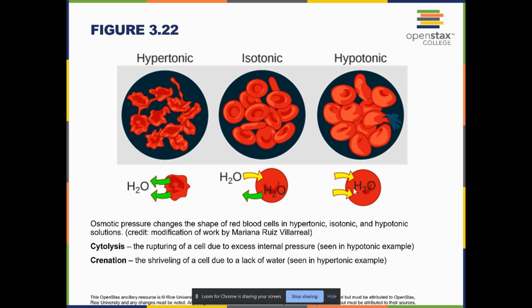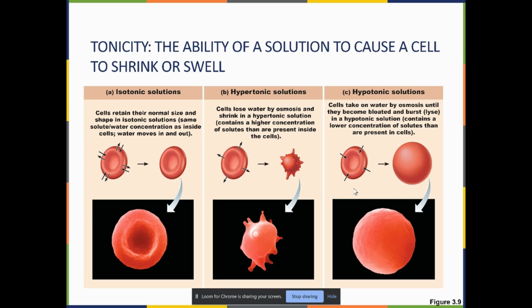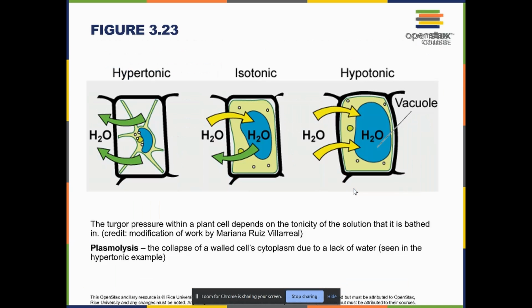So osmotic pressure can change the shape of eukaryotic animal cells, so we want to be careful what type of solution we are putting our cells into. So here are just other images. You can see in the middle that we have a crenating cell, and then a swollen cell on the far right. If the cell that is in a hypotonic solution were to take in more water, it would likely bust.